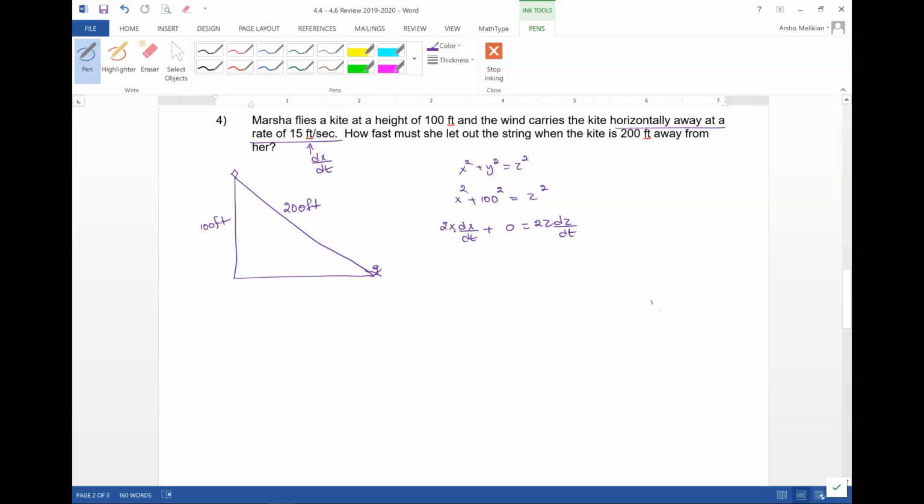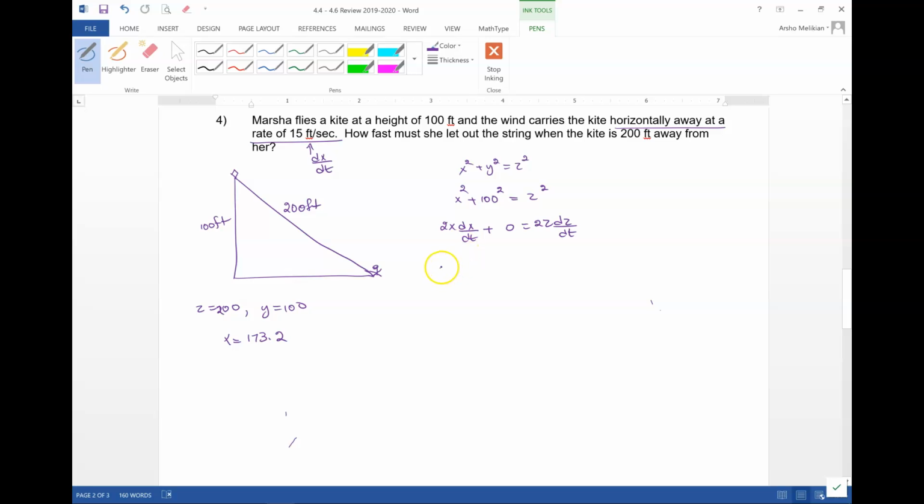But I don't have x. How am I going to find x when z is 200 and y is 100? You do the Pythagorean theorem and you get that x is equal to 173.2.